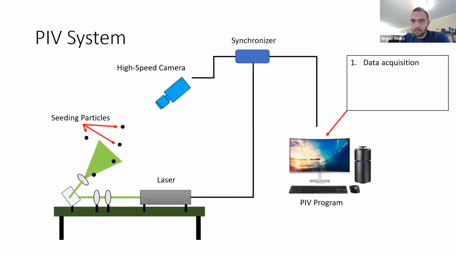So this computer does data acquisition and image pre-processing. For example, a very common image pre-processing step is to remove the background from your images. Sometimes you have the laser sheet coming out and you have glass or ladders or whatever things in the background that show in the images.